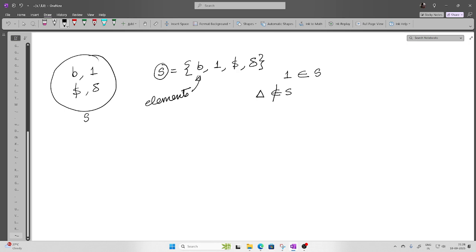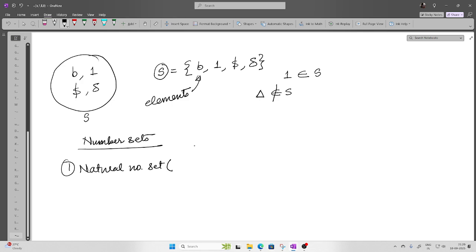So in the same way, we are having sets of numbers. So those are called as number sets. So in number sets, there are so many different types. So we will be starting with the basic one, which is called as the natural number set. So the first one is natural number set.